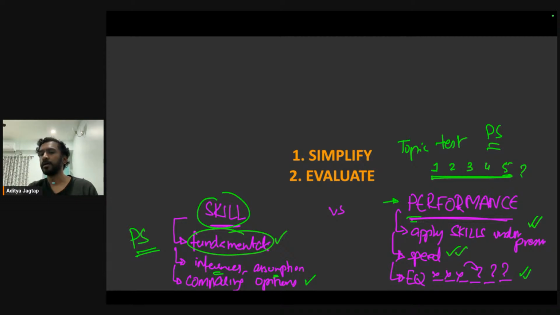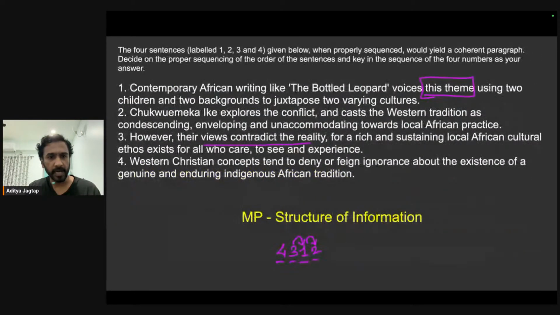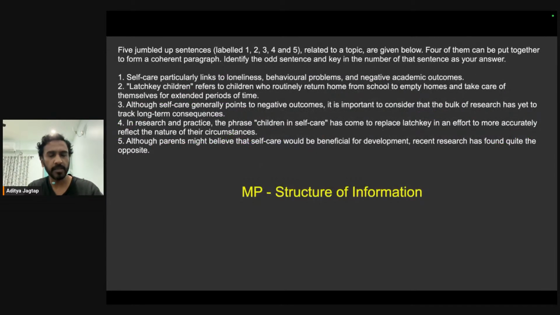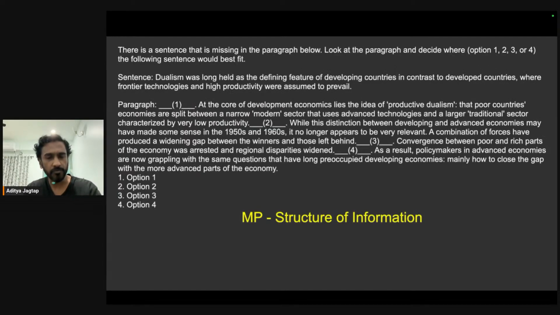Okay, so then you can see there are multiple question types which can be asked, such as parajumble odd. These are paragraphs, such as this paragraph taken and mixed, and then we have to identify one of them as odd. Then you'll get para completion type questions where sentences are removed and you need to check where the sentence would fit.